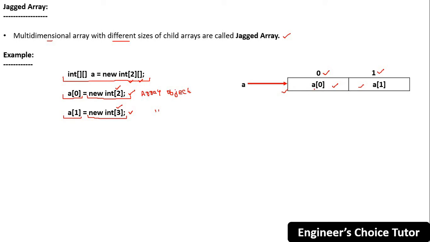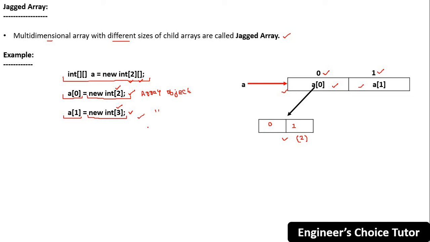Then in the a[0] case, you are creating one array object here, and you are assigning the reference of this array object to this a[0], right? And what is the size here? 0 and 1. The length of this array is 2.